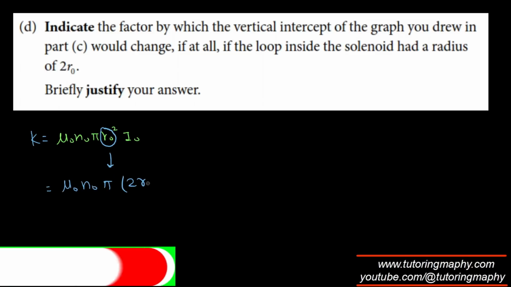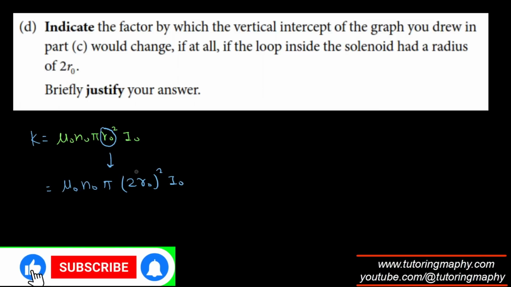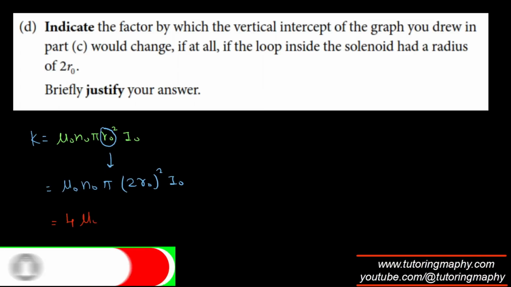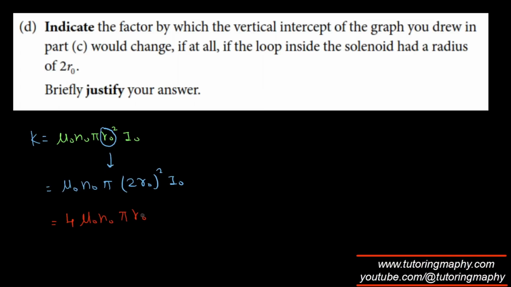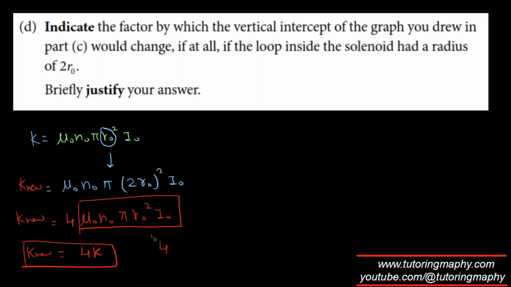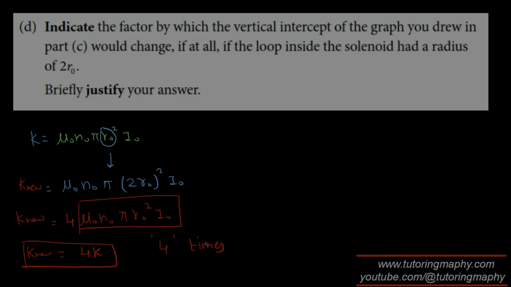But the moment I change this to 2r0, remember that this 2 is also supposed to be squared. So that 2 squared, which is 4, comes outside, and all the other things remain as they are, which clearly means that it will become 4 times the initial value. So this is the k new, which is the y-intercept, and this is the k old. So k new will become 4 times the initial value.